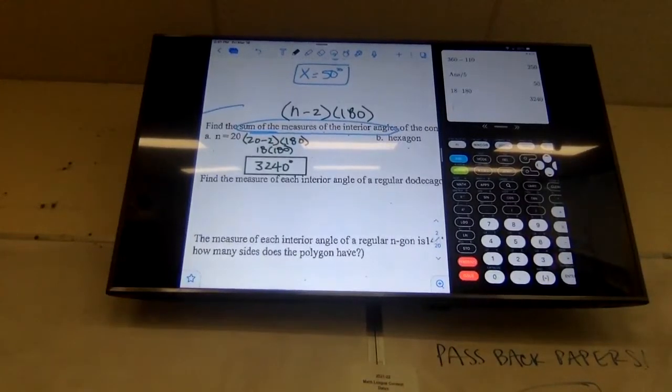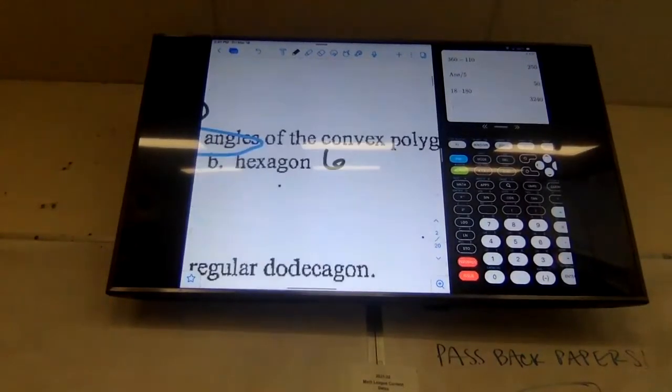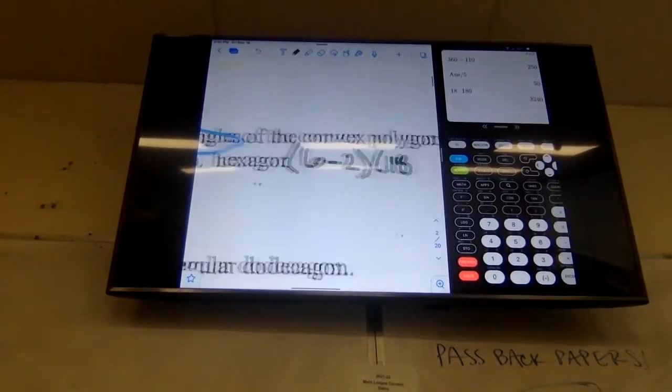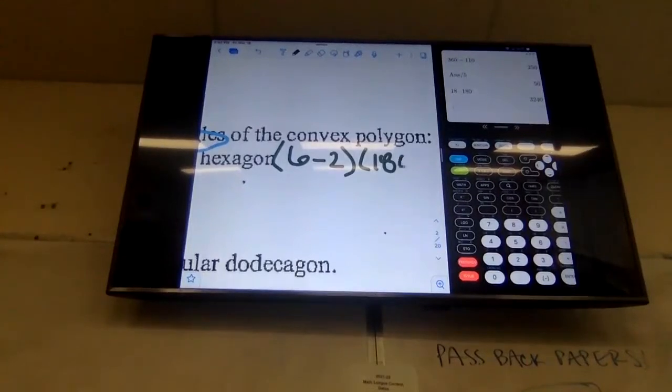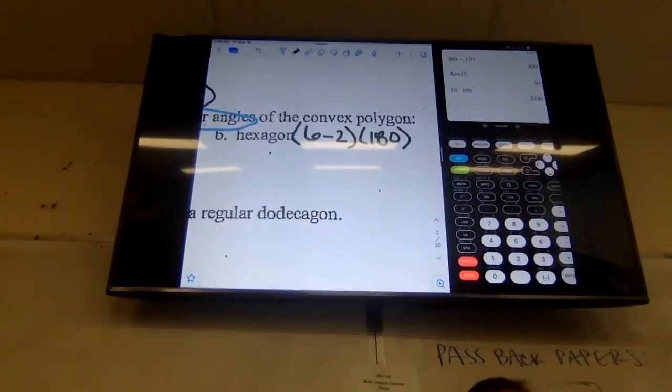Letter B is super similar. It's still the same directions, but now it says it's a hexagon. How many sides does a hexagon have? 6. So I'm going to do 6 minus 2 times 180. If we have time at the end of class, we'll review those or we'll review them tomorrow. Or next class, whatever. Oh, wait.